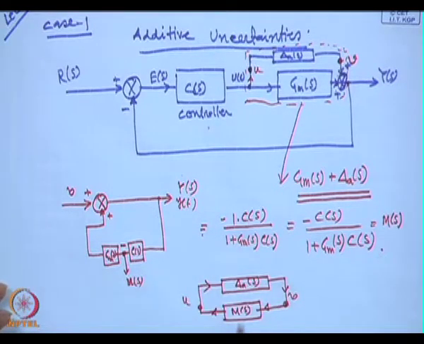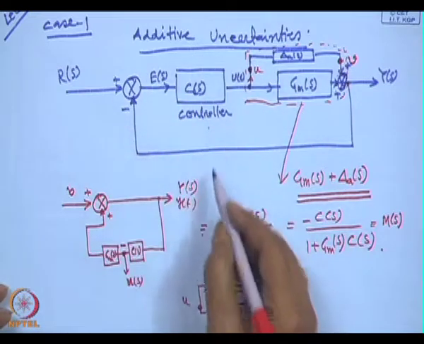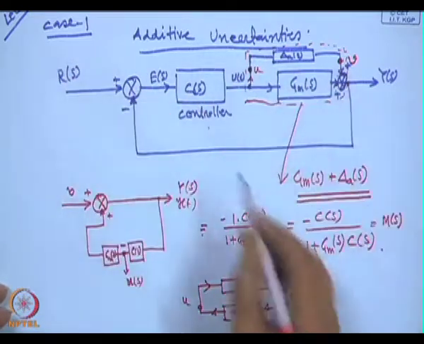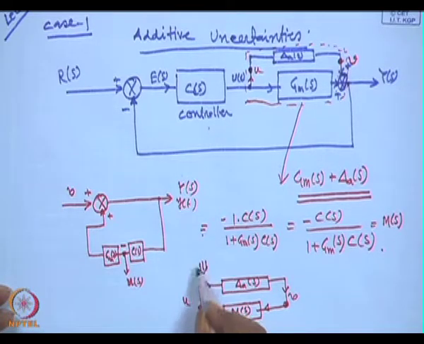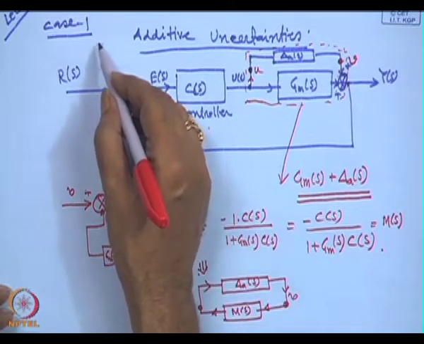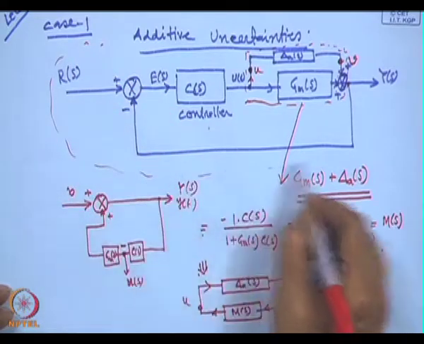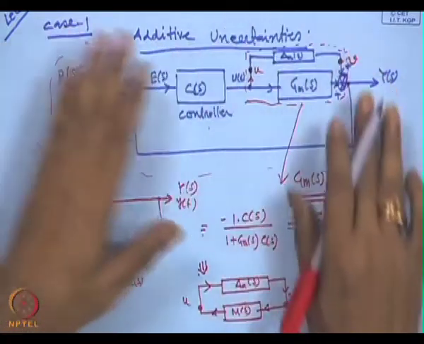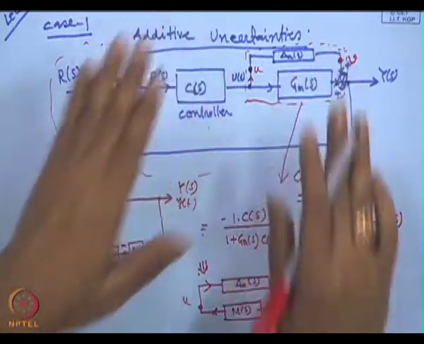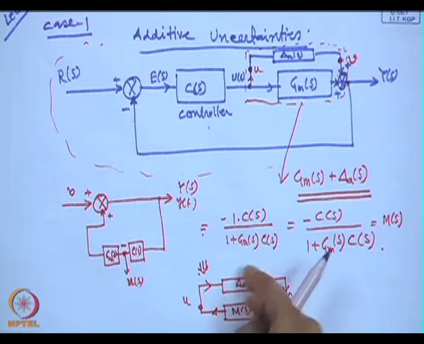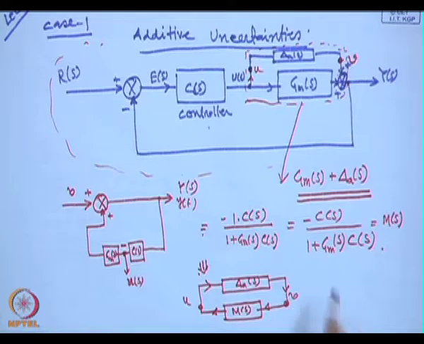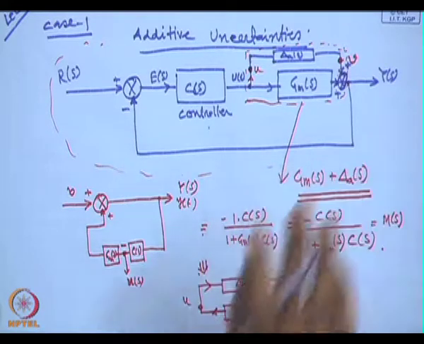So, now this whole block is equivalent to this block. In order to study the stability of the perturbed model is the same as studying the stability of this system, that is, an M delta structure system.